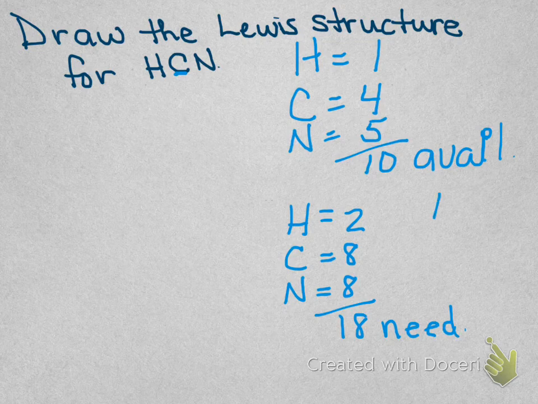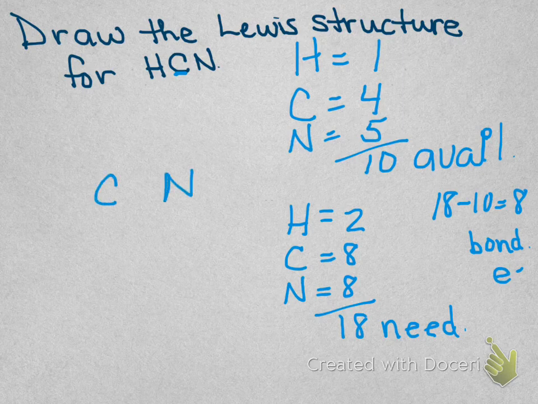Alright, so we take 18 minus 10, which tells us there are 8 bonding electrons. So let's see if we start drawing this, carbon in the middle, then nitrogen and hydrogen. We know hydrogen can only form 1 bond. Let's see, 8 bonding electrons.